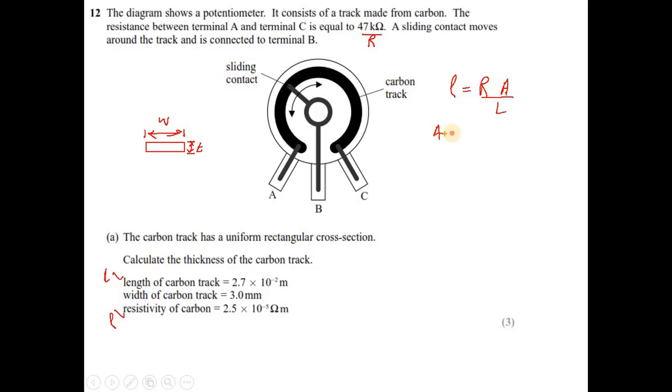That means area is equal to resistivity times L divided by R. Substituting, rho is 2.5 times 10 to the power minus 5, and the length is 2.7 times 10 to the power minus 2, divided by the resistance, 47 kilo ohm or 47,000 ohm.